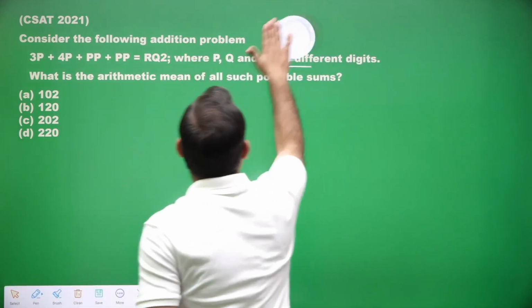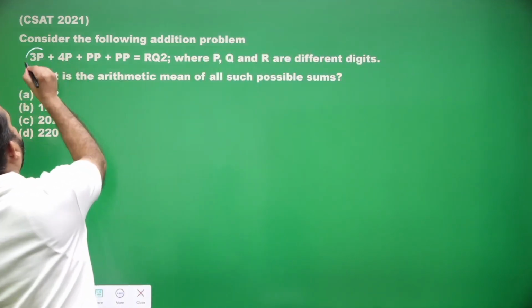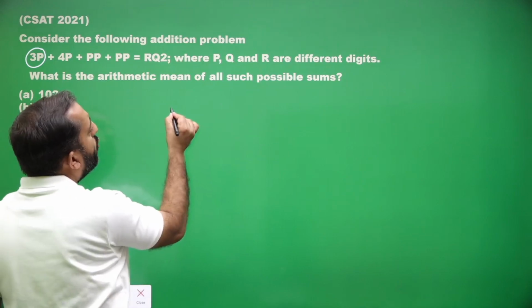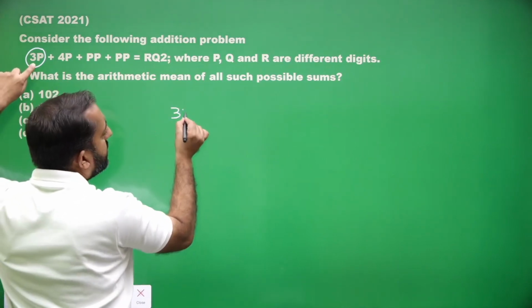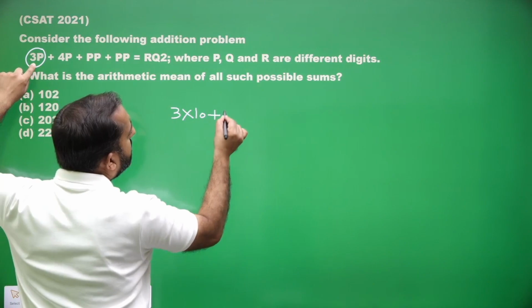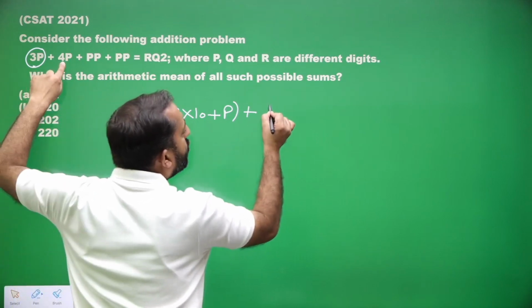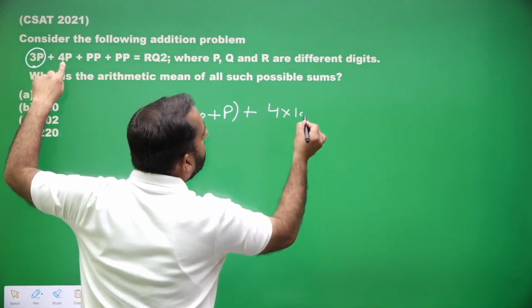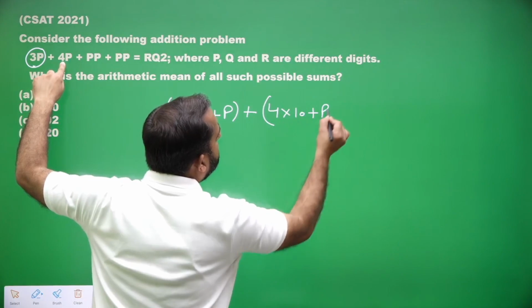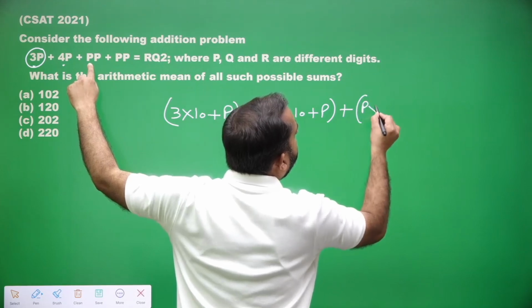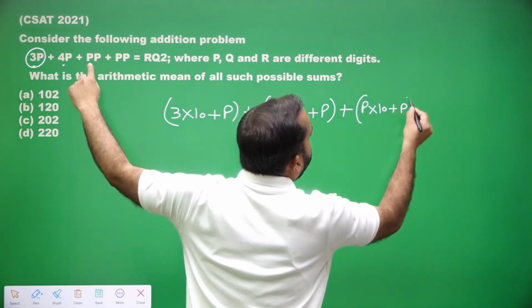Now, based upon this information, I can say 3p is a 2-digit number. If 3p is a 2-digit number, 3p can be written as 3 into 10 plus p. Plus 4p is also a 2-digit number, so 4p can be written as 4 into 10 plus p. Plus this pp can be written as p into 10 plus p.